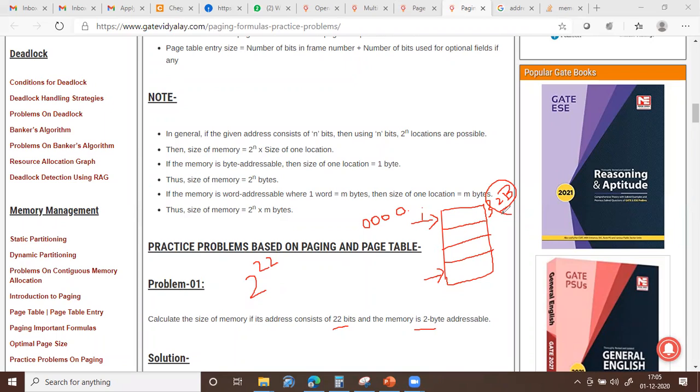So you multiply 2 to the power 22 by 2 bytes. That is what we are supposed to do.